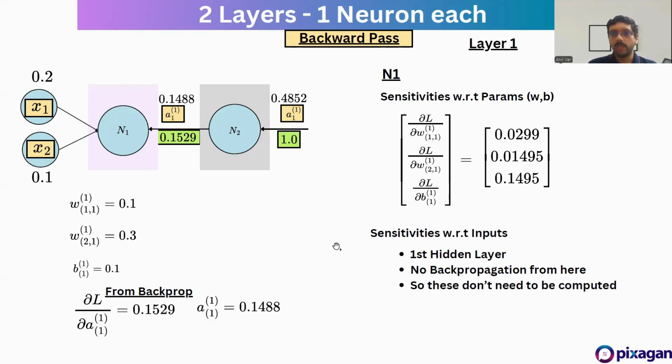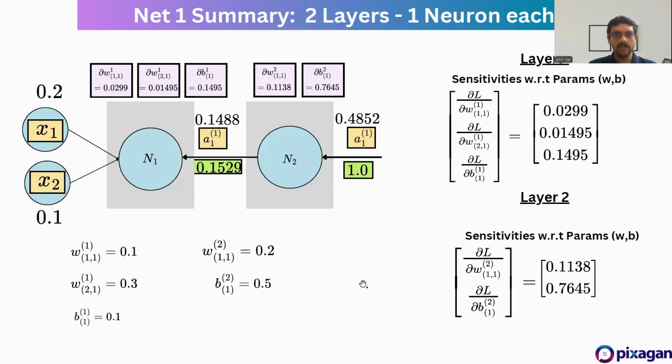What is before is the input layer. And so this is a summary of this network where we've done one forward pass and one backward pass. And with the backward pass, for this set of inputs and for a given loss value, we've got the sensitivity of the loss with respect to the parameters of neuron 1 and neuron 2.